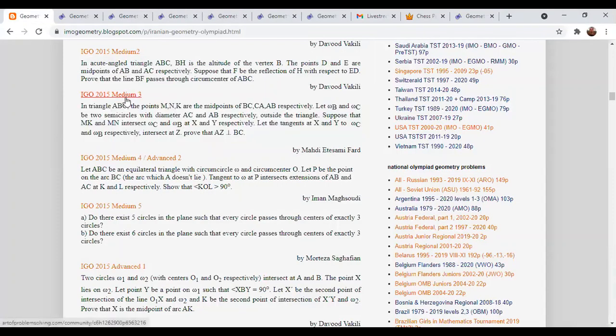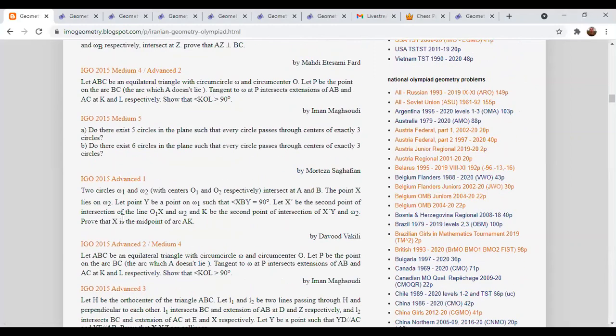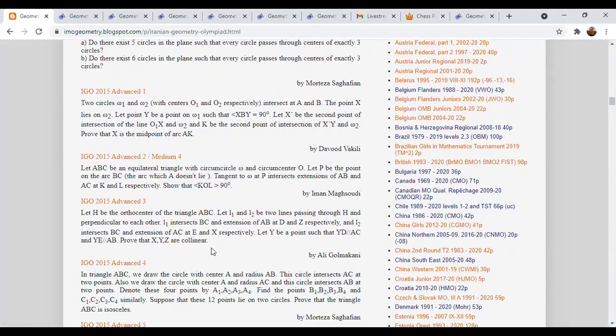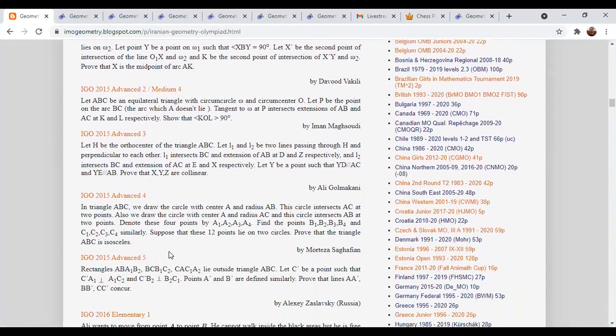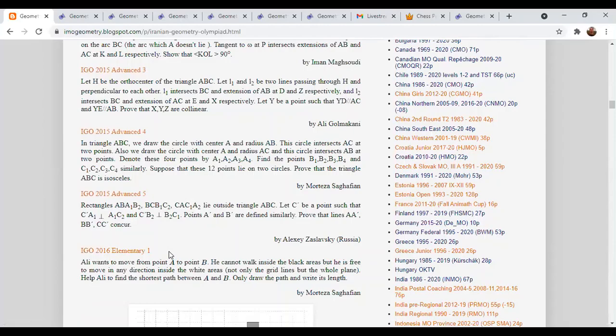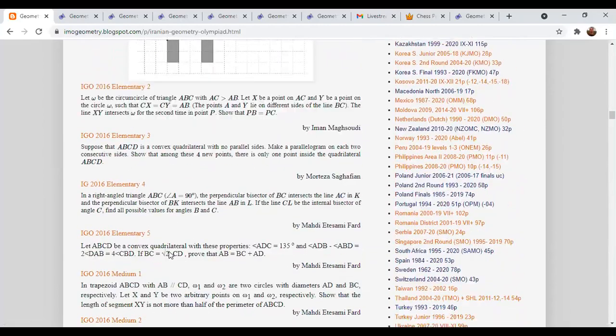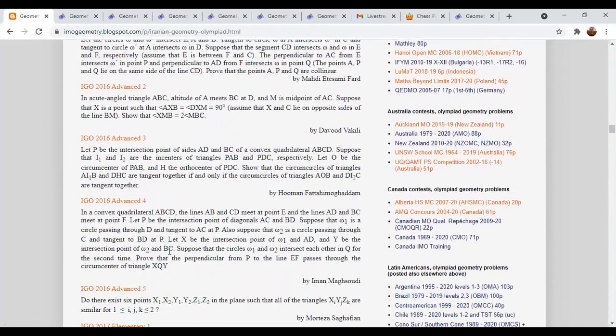That was supposed to be medium, but we solved it very fast. Guess we'll need like an advanced. It's a good one. This looks like it's probably easy.